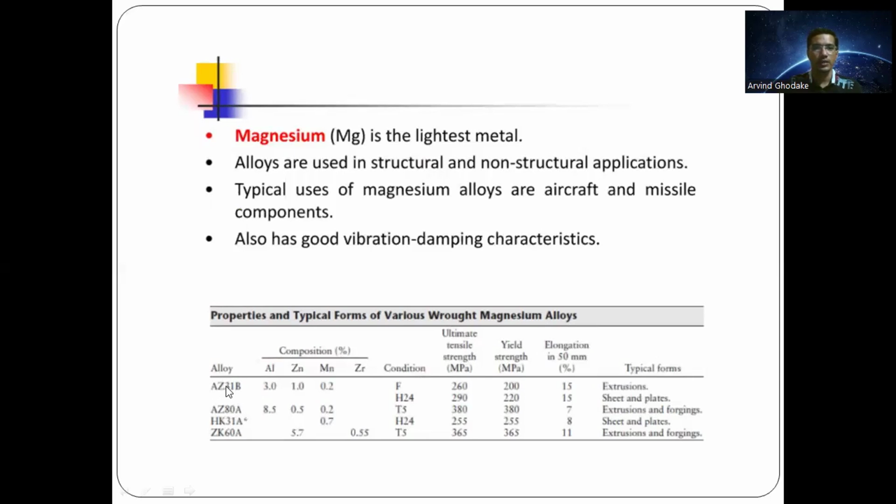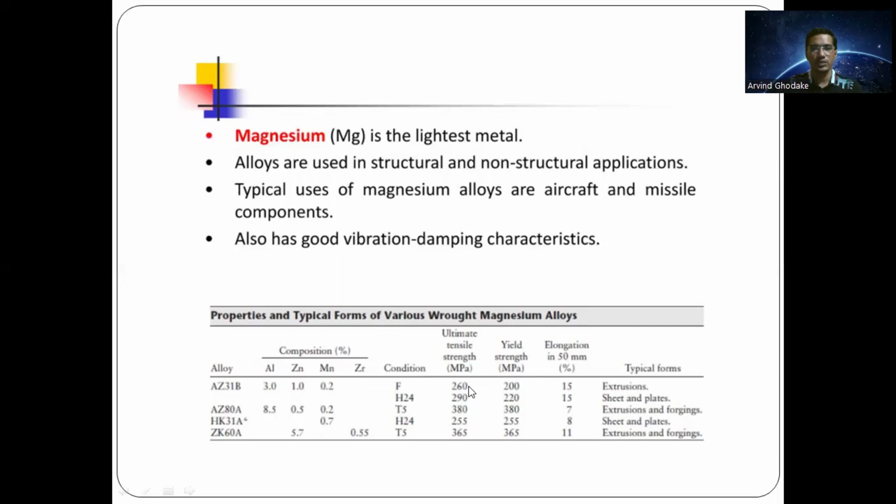The first magnesium alloy is AZ31B, which contains 3% aluminum, 1% zinc, and 0.2% manganese. There is no zirconium.